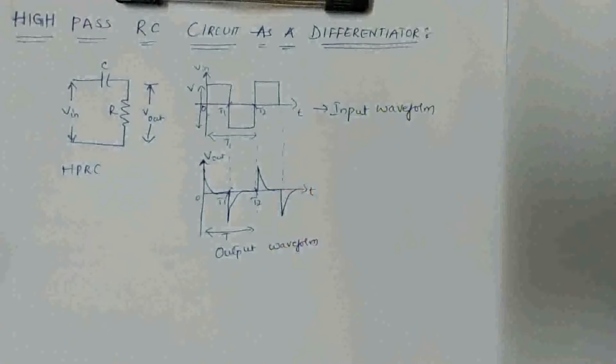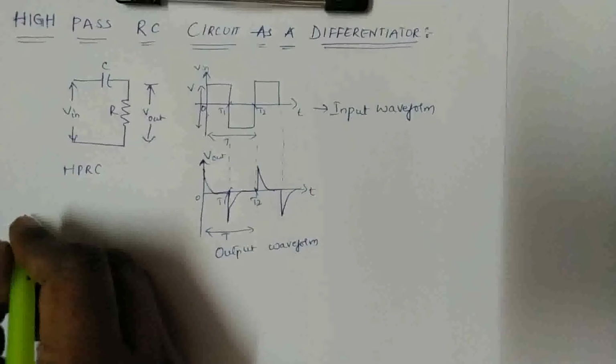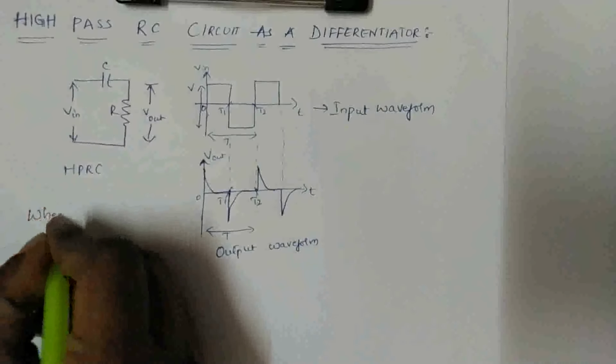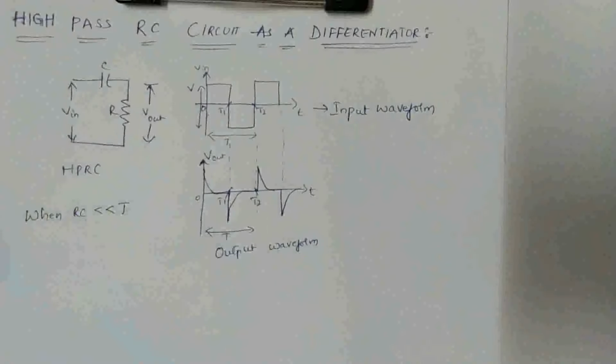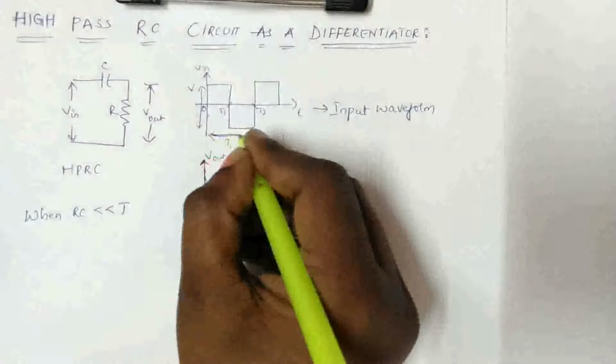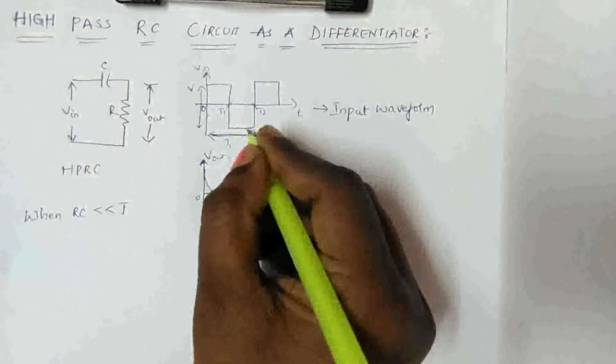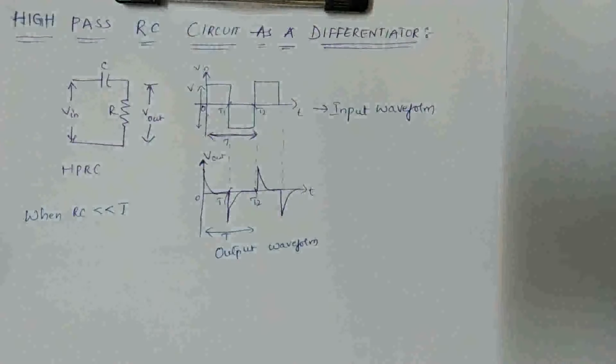This condition will appear when RC is far less than T. Here RC is nothing but the product of the components used in the circuit, that is resistor and capacitor, and T is the total time period of the input signal pulse width.